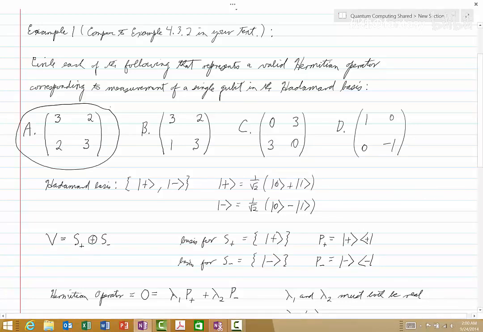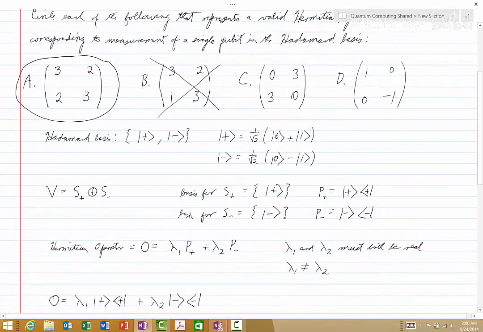Remember, a Hermitian matrix is equal to its own conjugate transpose, which means that these two elements here must be complex conjugates of each other. But these two, of course, obviously are not. So it does not work.